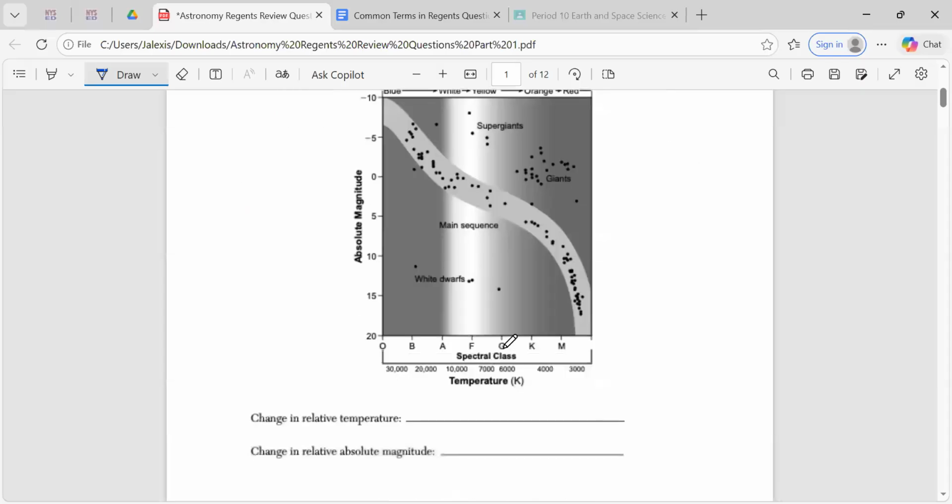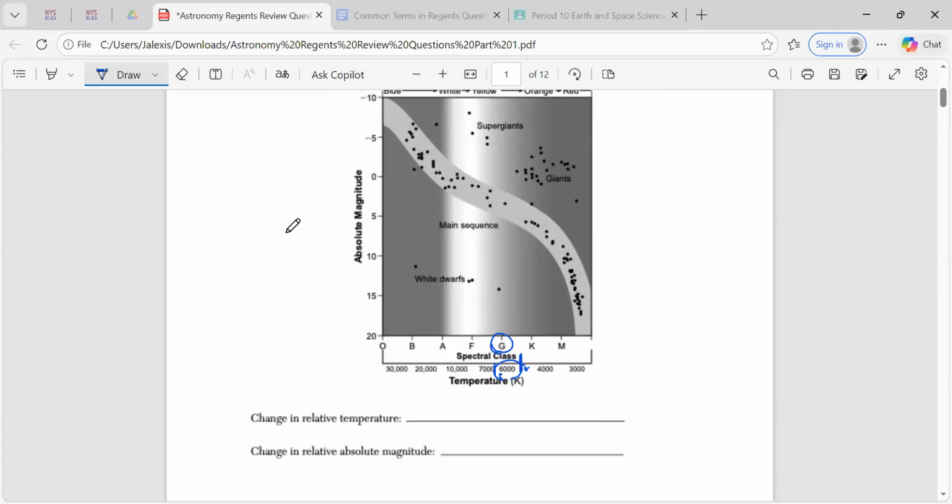So that means I can also look where the letter G may be, right here. The sun may be in that area. I also know 6,000 is somewhere around here, and 5,000 may be halfway. But we have a better reading, just the fact that it's a spectral class G.